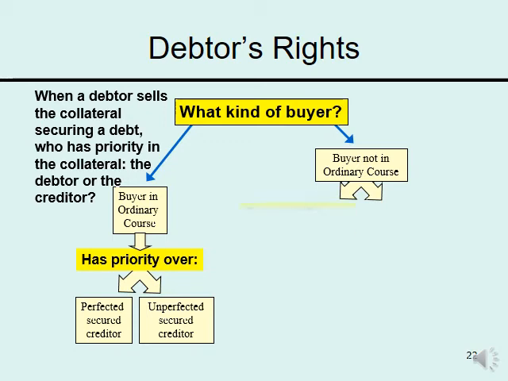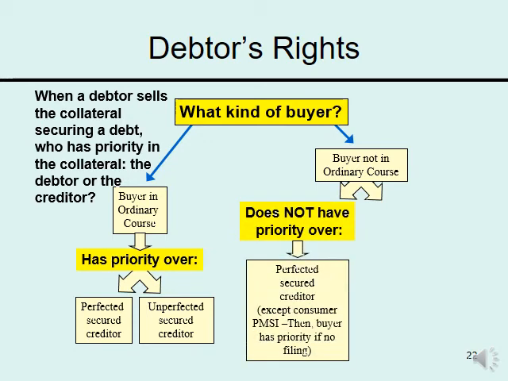However, the rules are not the same if you're a buyer not in the ordinary course of business. Those buyers do not have priority over perfected secured creditors. So a perfected secured creditor will prevail over a buyer not in the ordinary course of business, except with a PMSI and consumer good. The reason is that if you have a PMSI in consumer goods, and that's the only way that perfection happened and there's no filing, then as soon as there's a resale, that destroys the perfection and the party becomes a secured creditor.